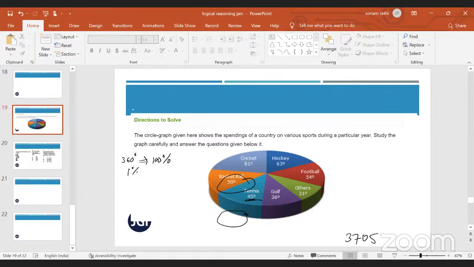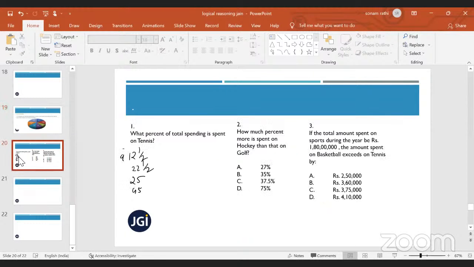So 1 degree is 100 by 360, and 45 degrees is 100 by 360 into 45. 12 and a half. Correct answer option is A, 12 and a half.